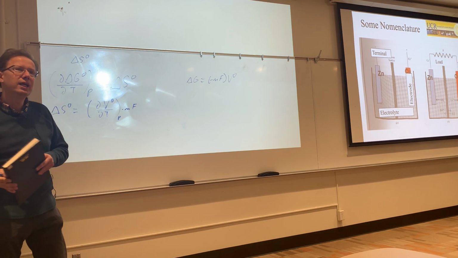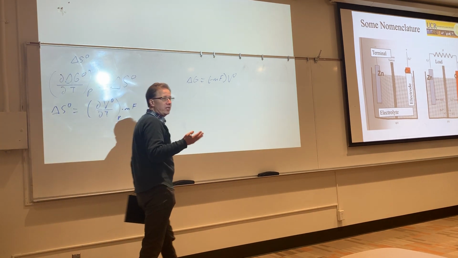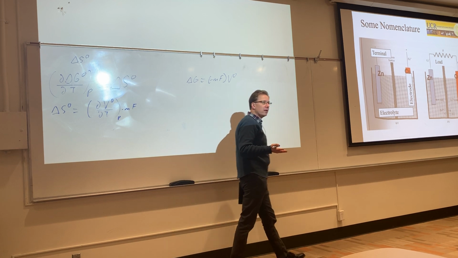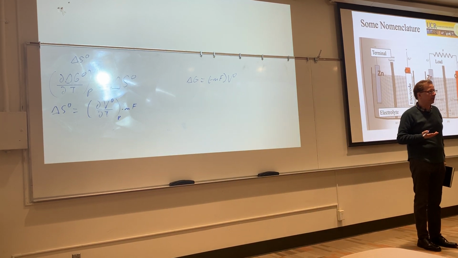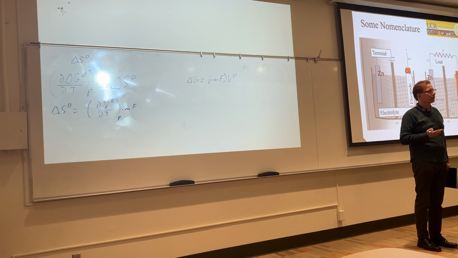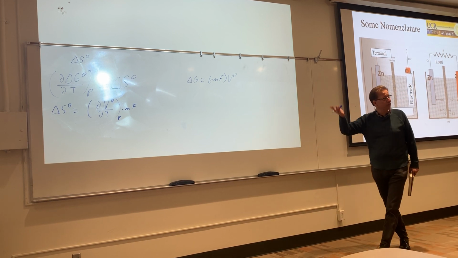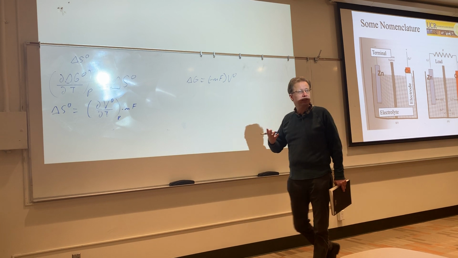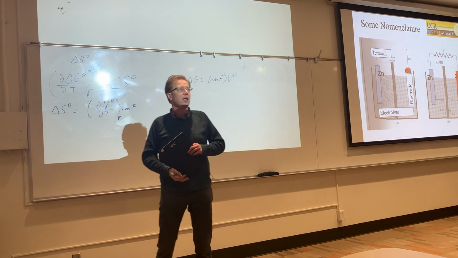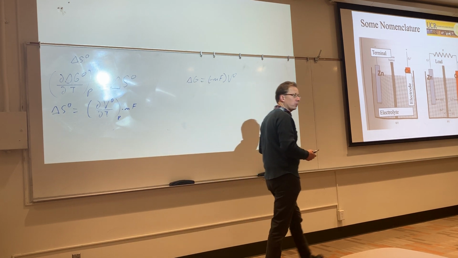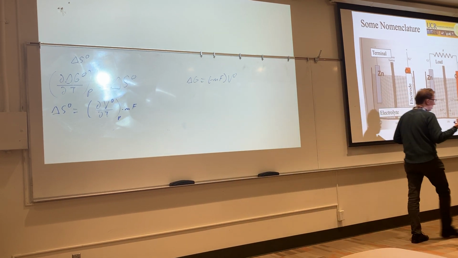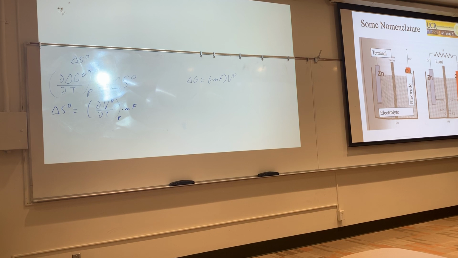But if you find that the voltage of the Daniel cell changes a lot as you vary the temperature, then you know there's lots of entropy change associated with that. And that entropy change can be positive or negative. There are cells which have a positive and other cells which have a negative entropy change associated with their reaction. Something which slopes up and something which slopes down.